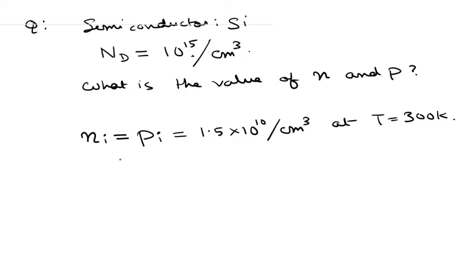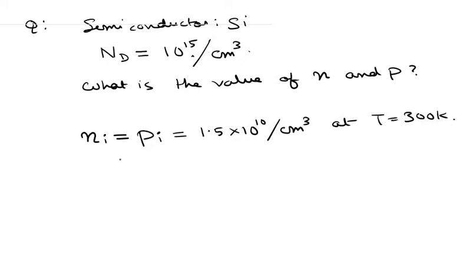So more electrons from the valence band are going to absorb the thermal energy, break their bond, and go to the conduction band. That is why the intrinsic carrier concentration increases as we increase the temperature.